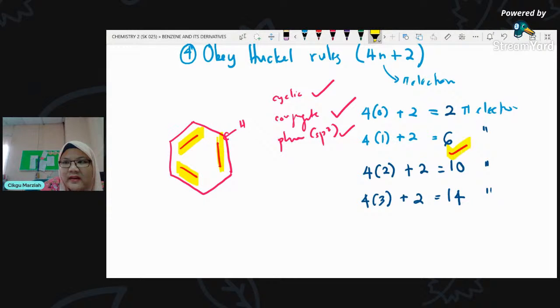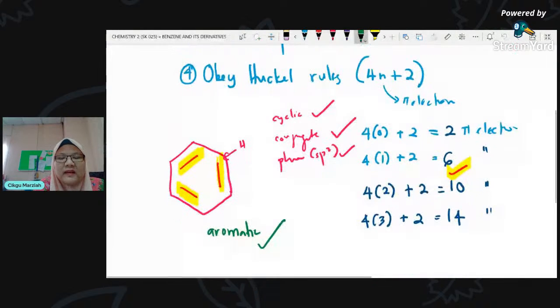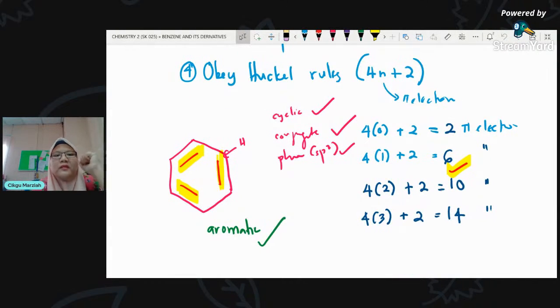Oleh kerana 6 ada nilai di sini, so kita automatic dia adalah aromatic. Okey, sebab ada nilai di sini. Okey. That's why kita kata benzene is an aromatic hydrocarbon because dia follow all the criteria to become an aromatic compound.